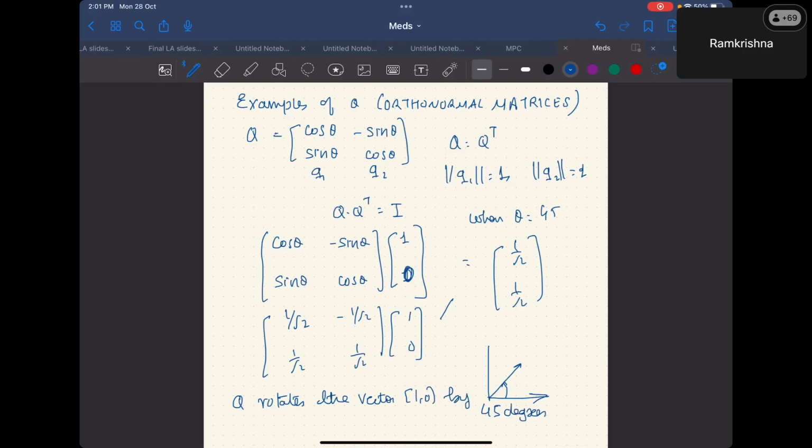In general, it will rotate any vector x, y by theta degrees. This is in general called the rotation matrix; the magnitude of Q is always equal to 1. It just takes a vector and rotates it by a certain angle given by theta.